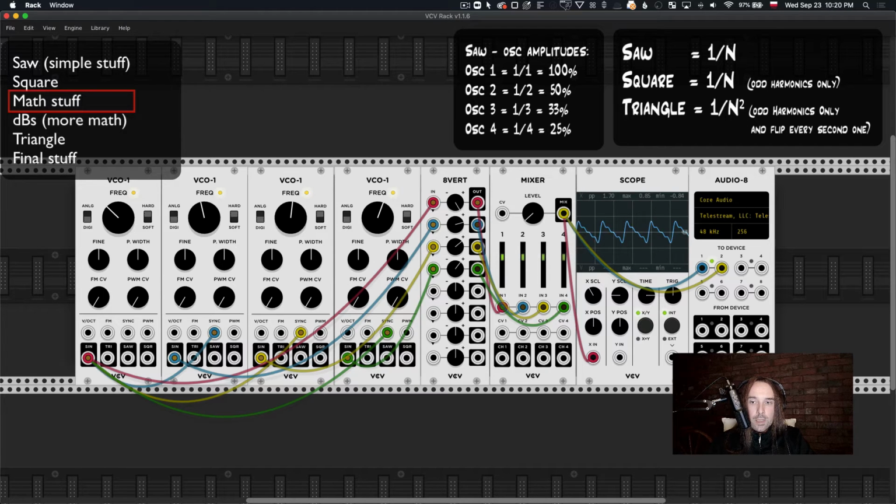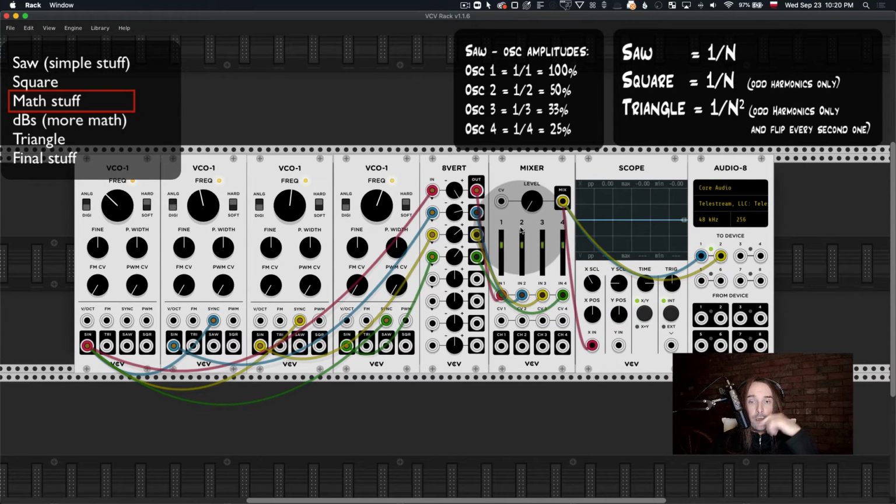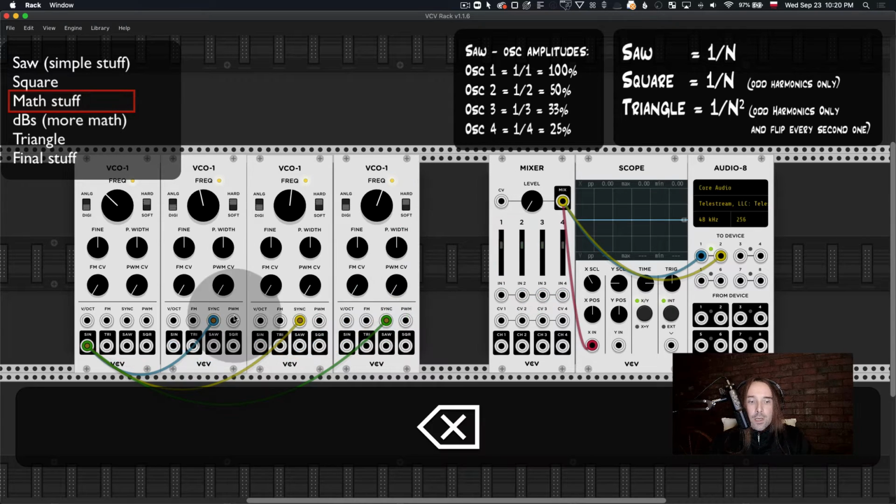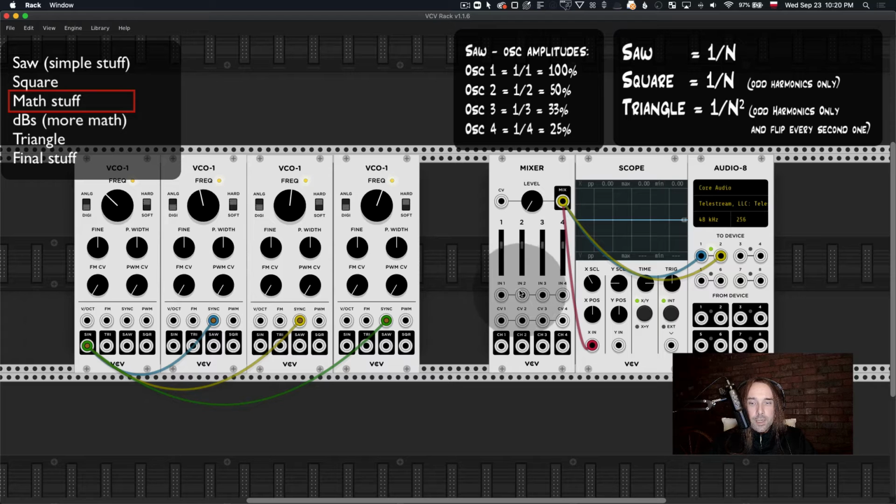Now, an important part is, if you want to do the same thing with the mixer, there is a bit of a problem. Let's say we didn't have this attenuator, and we go straight to the mixer again from each of these oscillators. If we want to set these values in decibels, you just need to do a little bit of math.